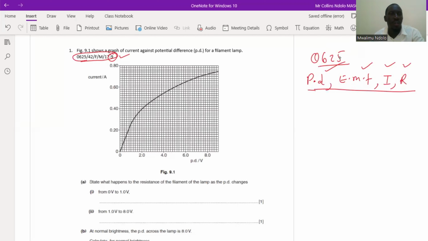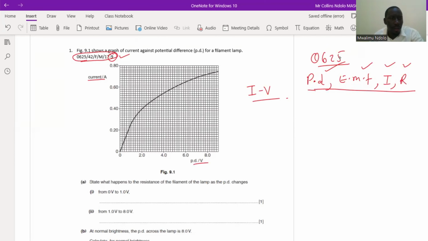Figure 9.1 shows a graph of current against potential difference, PD, for a filament lamp. On the y-axis, we have current, and PD along the x-axis. So this is a current-voltage characteristic graph.